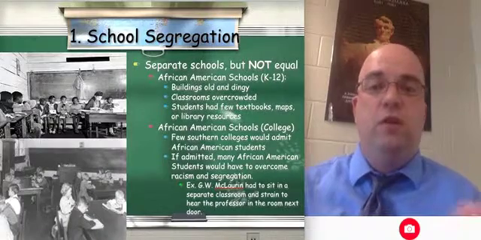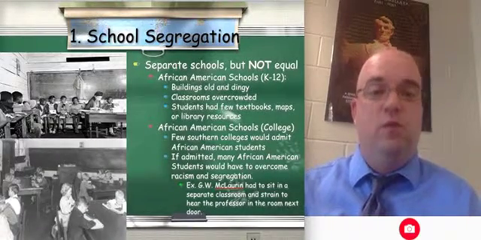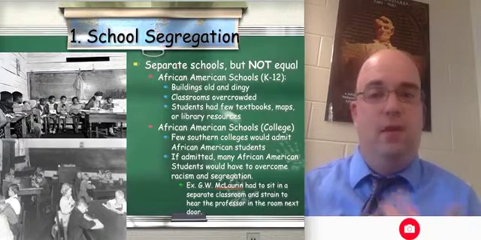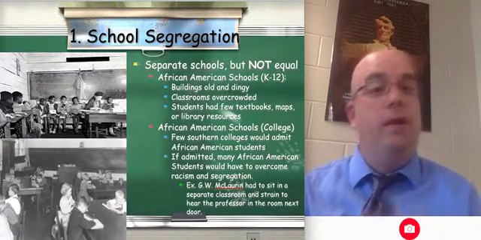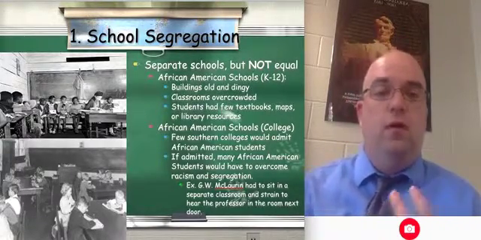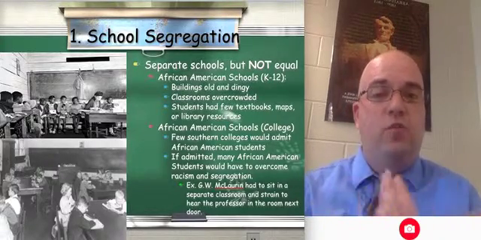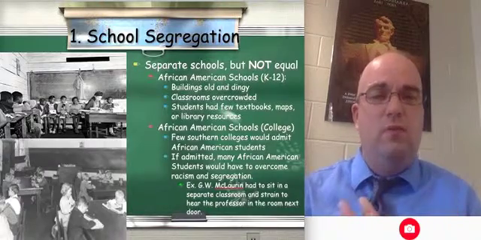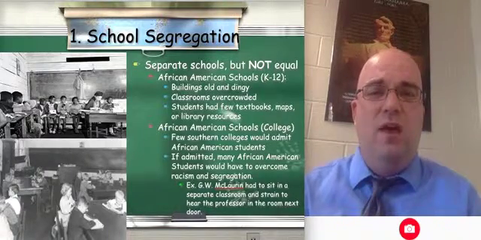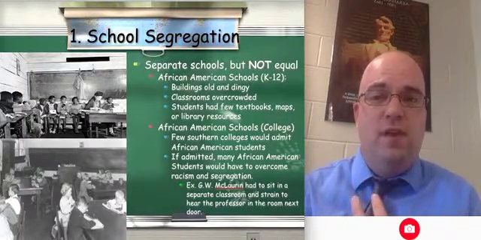And this was a huge problem because of Jim Crow and segregation, that there were separate schools, but they definitely were not equal if you compare them to comparable schools of the time period. So African American schools, K through 12, typically were older buildings, dirtier, run down. The classrooms were oftentimes overcrowded.